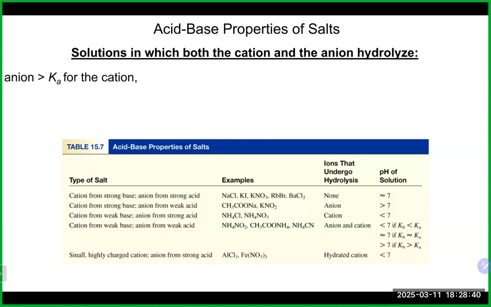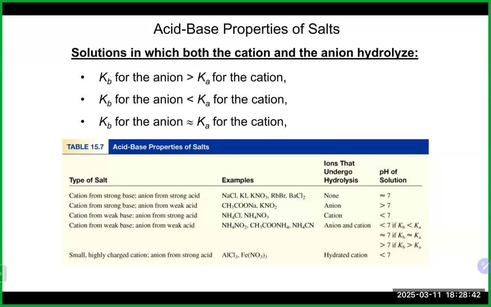If the Kb for the anion is larger than the Ka value for the cation, then you should do the basic calculation with the Kb and ignore the Ka calculation. If the Ka is larger, then it will be acidic and you should just do the Ka calculation.